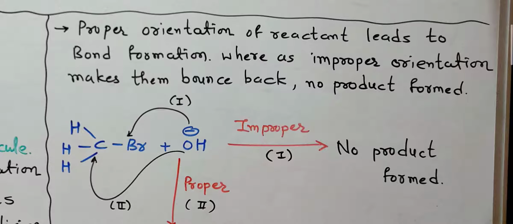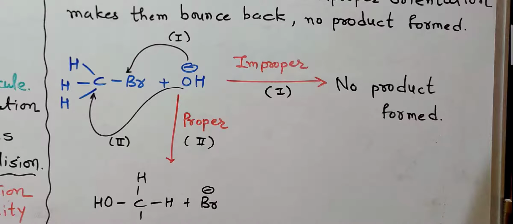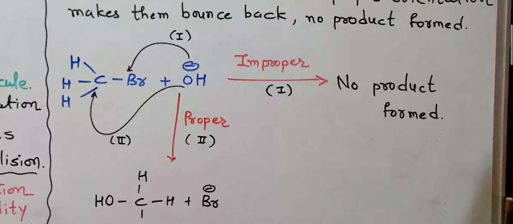Now proper orientation of reactant leads to bond formation, whereas improper orientation makes them bounce back and no product will form. So you can see our reagent is bromomethane CH3Br and nucleophilic reagent is OH minus.